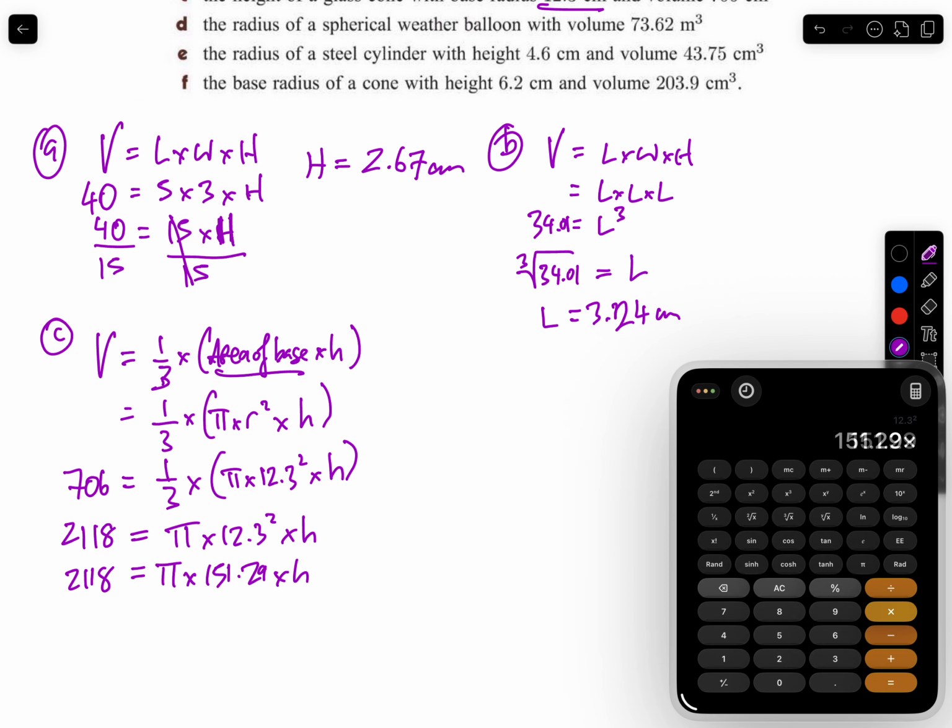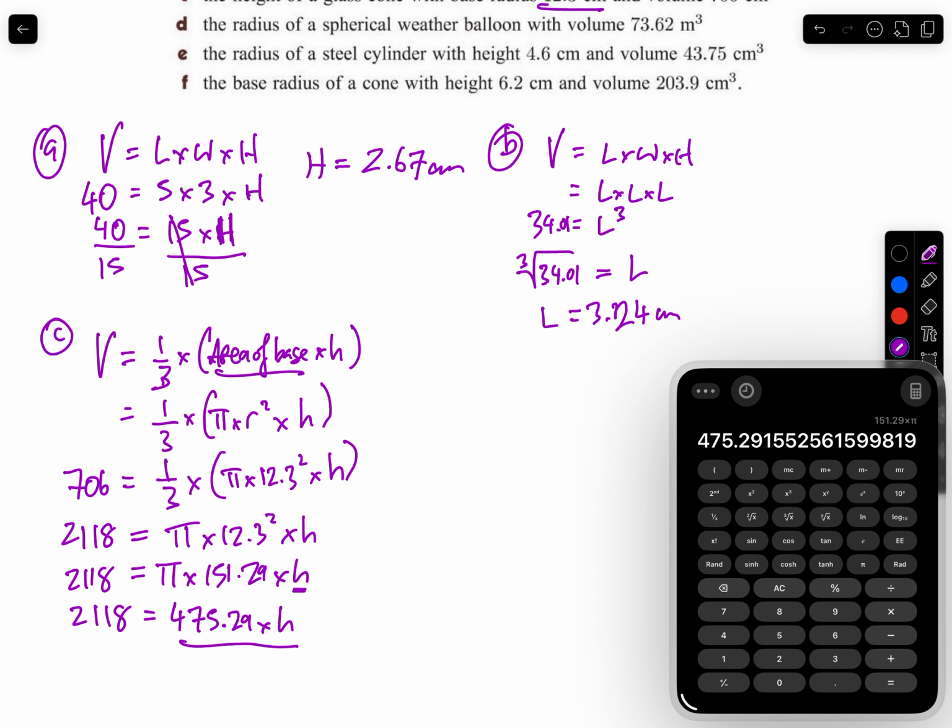151.29 times that by pi. So we're working out what we can, except for the unknown, which here is h. So that's 475.29 times by h. So the opposite of timesing by 475.29 is dividing by 475.29.